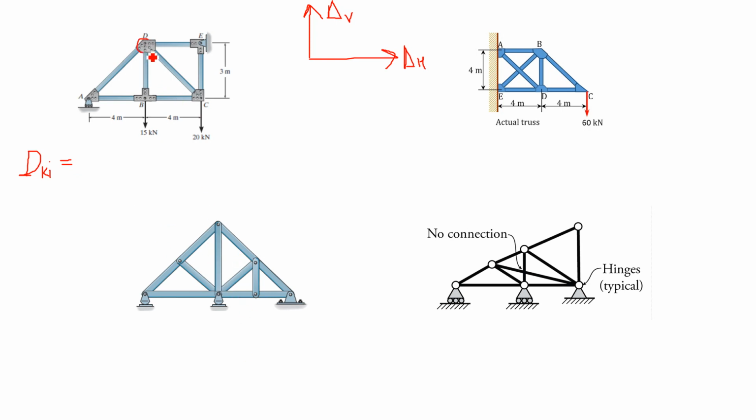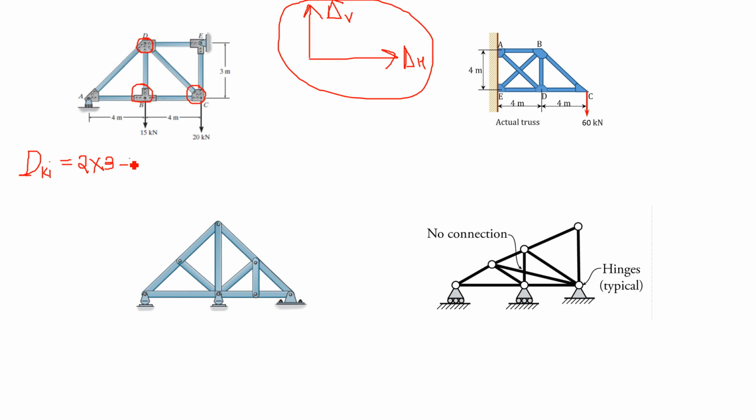For example, 1, 2 and 3. Here no support is provided. So total kinematic unknowns at these 3 joints are 2 into 3. 3 means 3 joints, and this 2 means 2 unknowns at each joint: horizontal displacement and vertical displacement. So for these 3 joints, unknowns become 6.